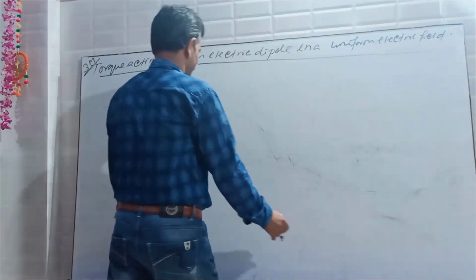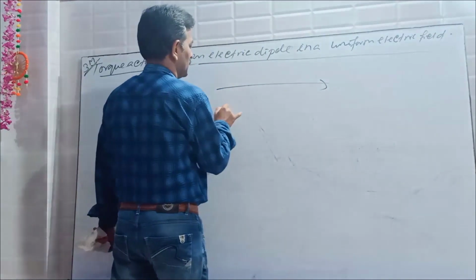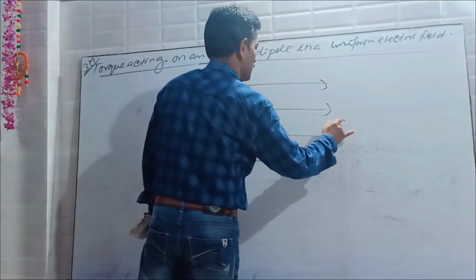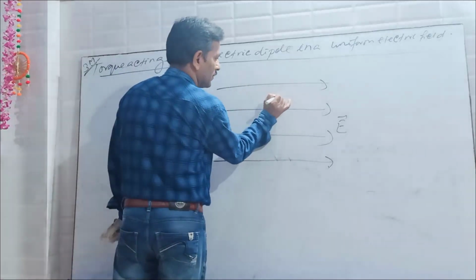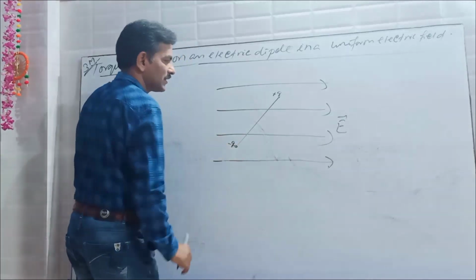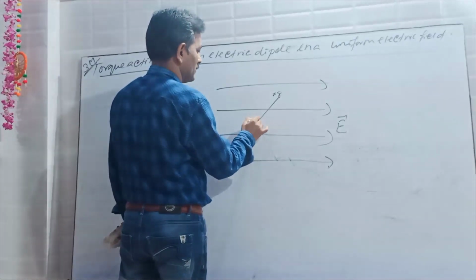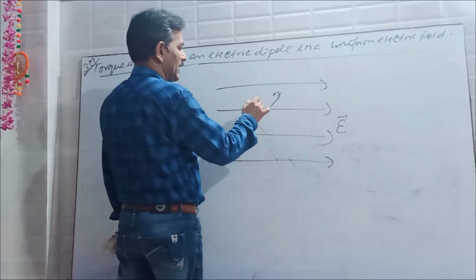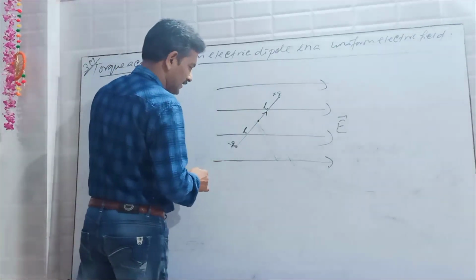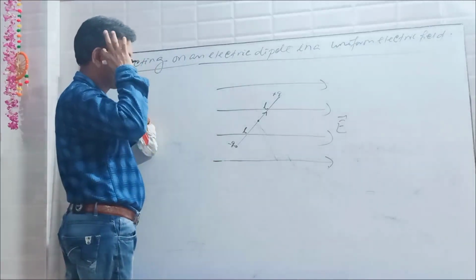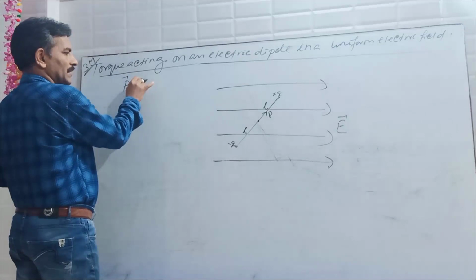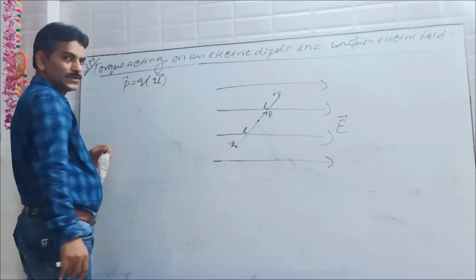You see, consider an electric dipole consisting of 2 charges plus q and minus q, and length 2l, having dipole moment p, that is p vector is equivalent to either charge into separation between 2 charges.